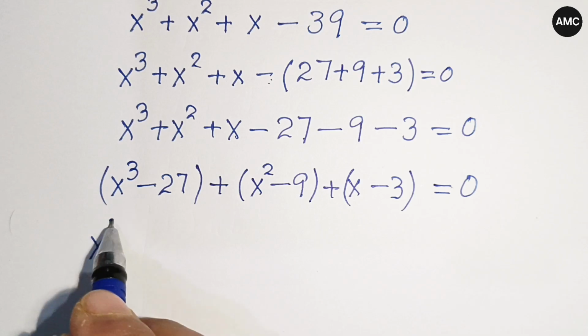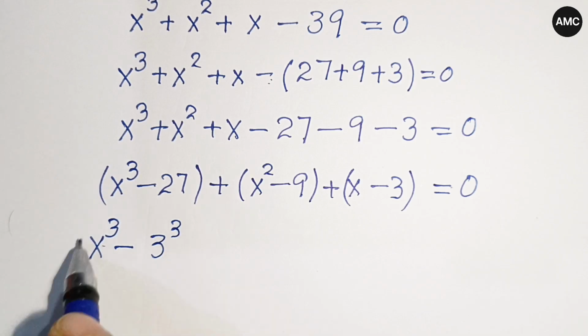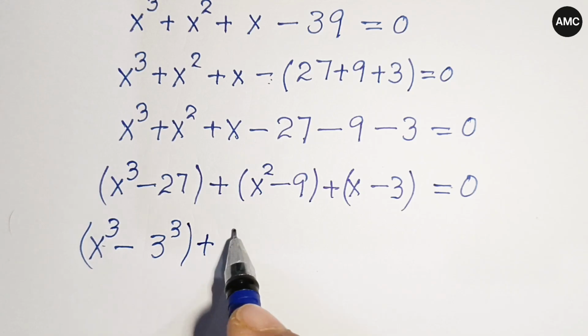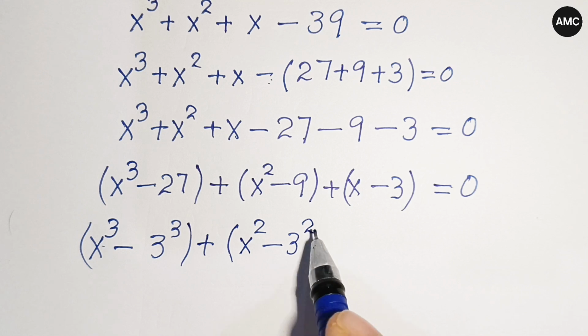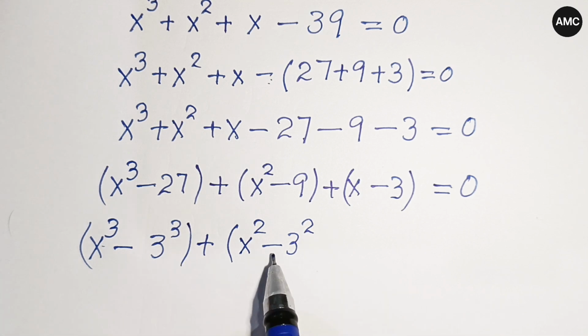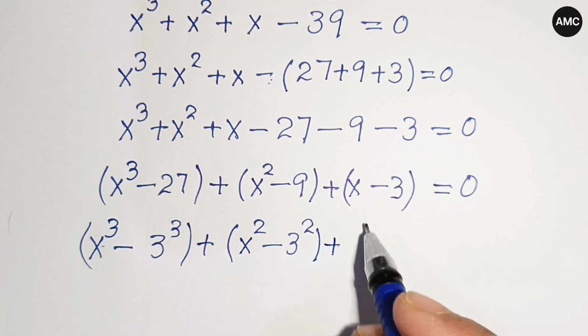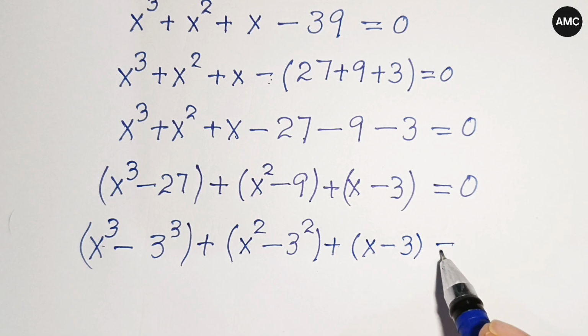Now this 27 can also be written as 3 cubed, and 9 can be written as 3 squared. Here x cubed minus 3 cubed plus x squared minus 3 squared, and here we just write x minus 3, that is equal to 0.